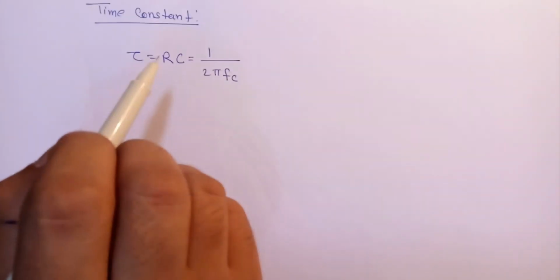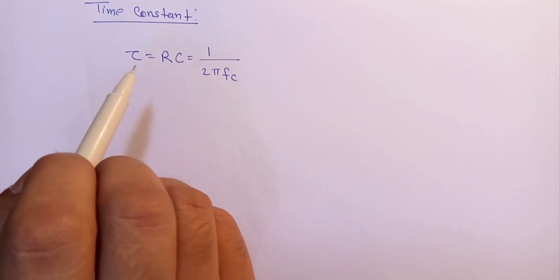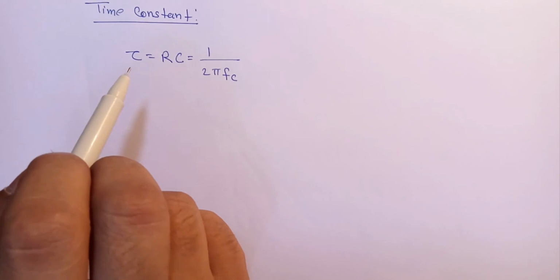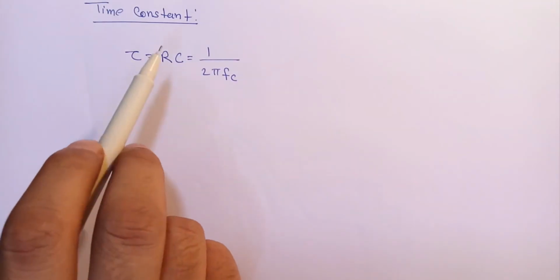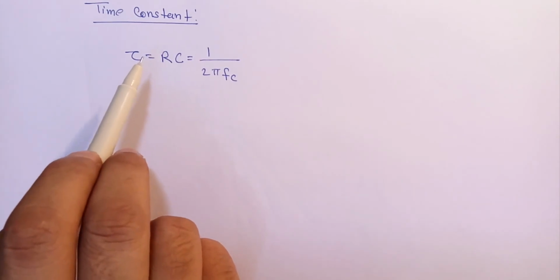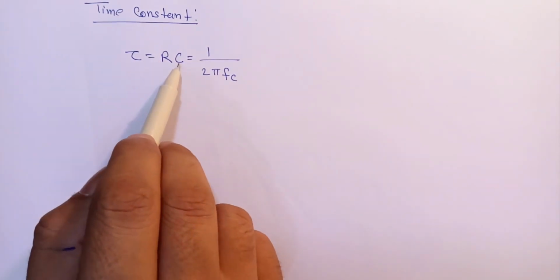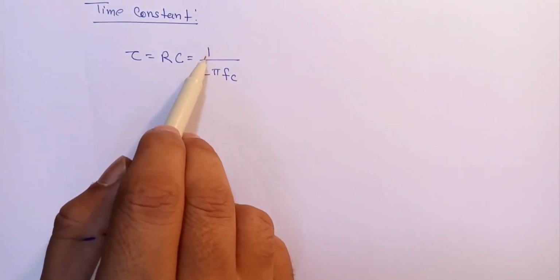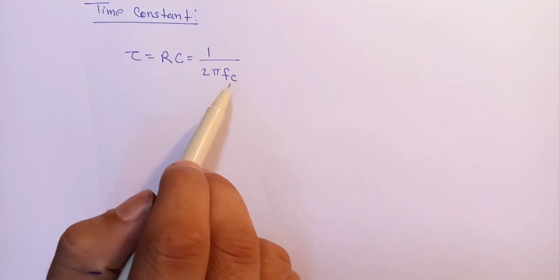We also know that the phase shift of the circuit lags behind that of the input signal, due to the time required to charge and then discharge the capacitor as the sine wave changes. This combination of R and C produces the charging and discharging effect on the capacitor, known as the time constant tau, which is equal to RC, or also equal to 1 upon 2 pi FC.